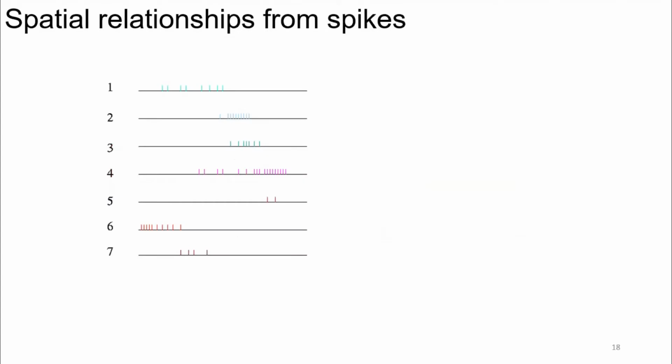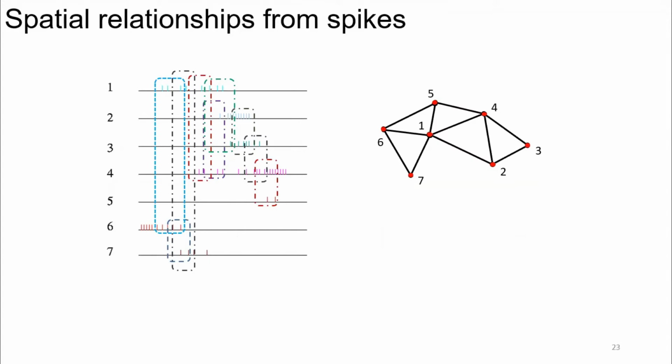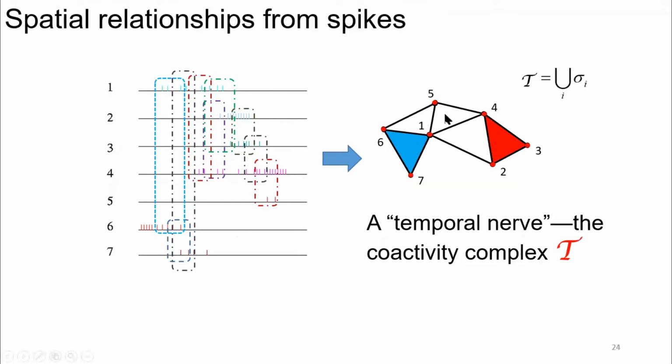Let's say here I'm showing a schematic representation of 7 spiking neurons. And what can I do? First of all, every single neuron is going to correspond to a vertex. Every time I have an overlap, a coactivity of 2 neurons, that's a link between the corresponding vertices, right? I can look at all of them. And in that way, if I have triple coactivity, 3 cells active at the same time, that's a triangle, and so on.